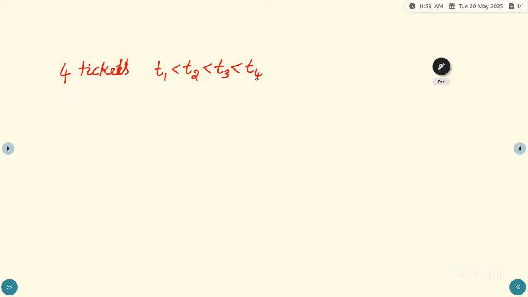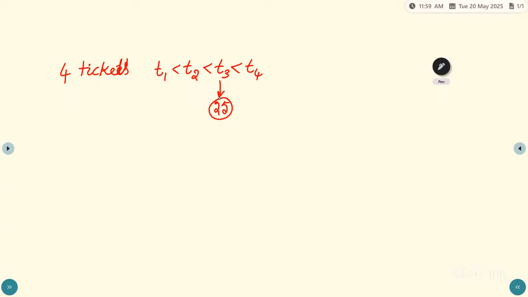What is the probability that the third ticket is 25?